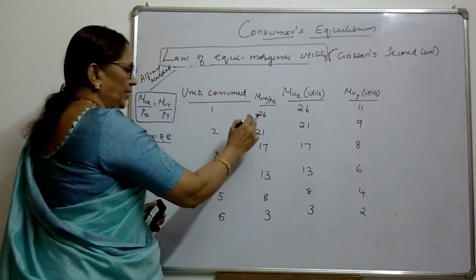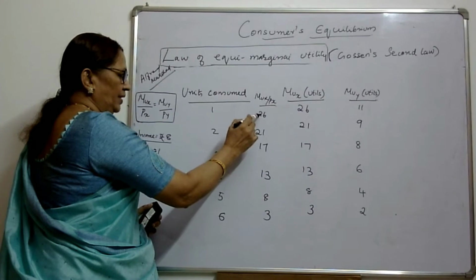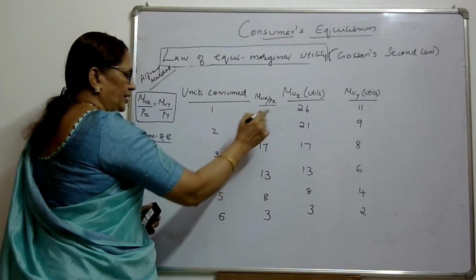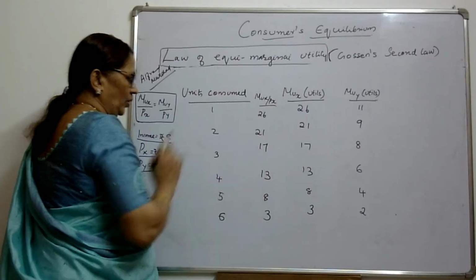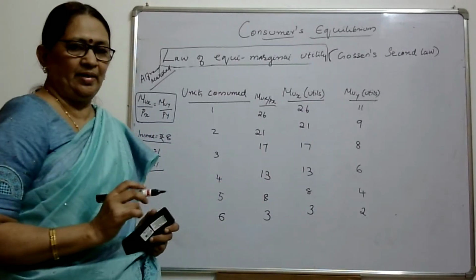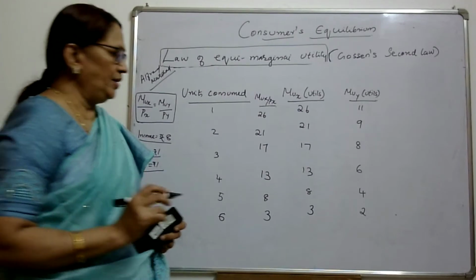As the price of commodity X is 1 rupee, 26 by 1 is 26, 21 by 1 is 21, 17 by 1 is 17, and so on. Now, the price of commodity Y is also 1 rupee.